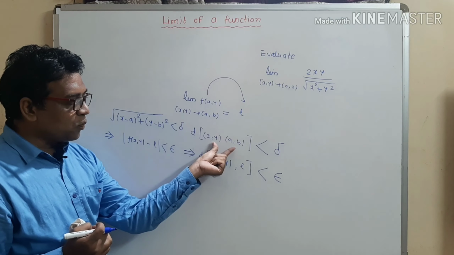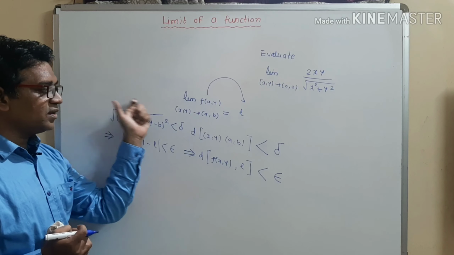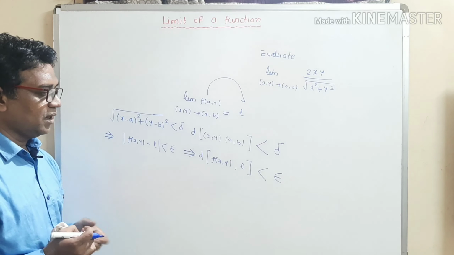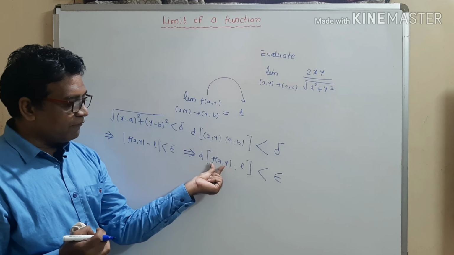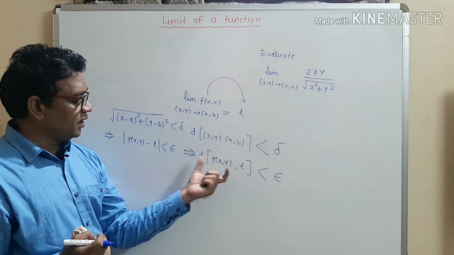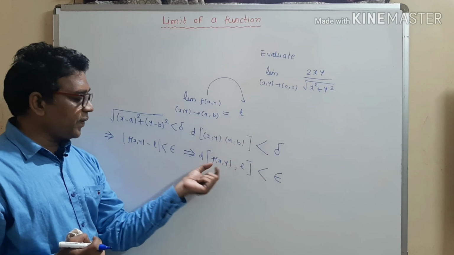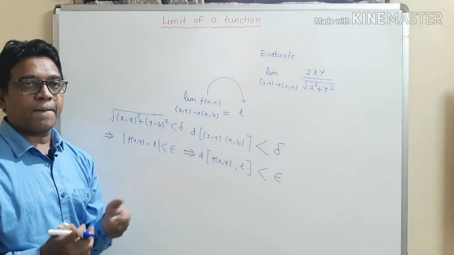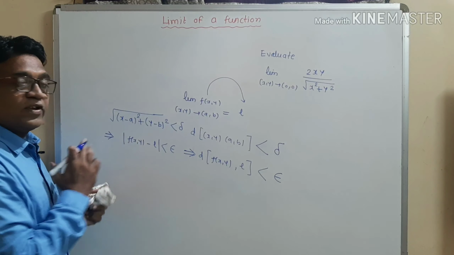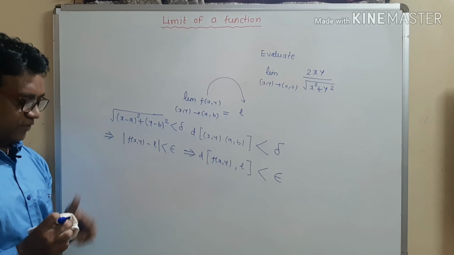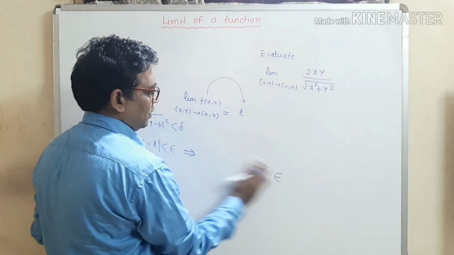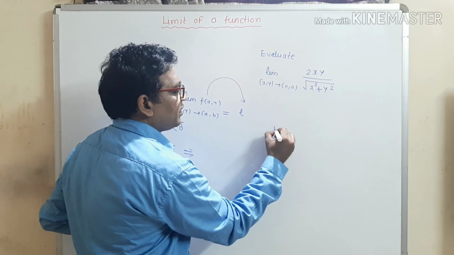This is the formula for finding the distance between any 2 points. And the distance between the function and this limit is given by the formula modulus of f(x, y) minus L, just take the subtraction. So this is the definition of limit of function.